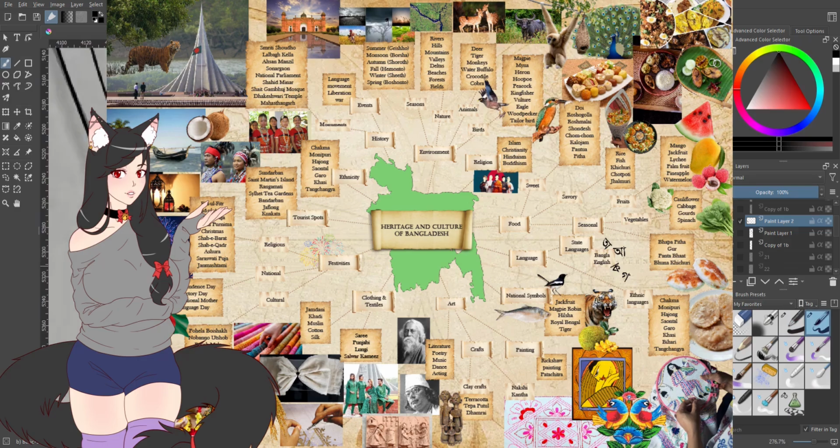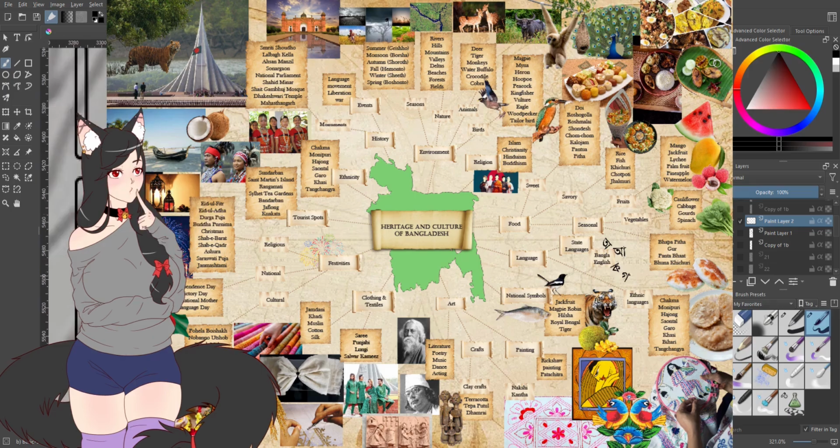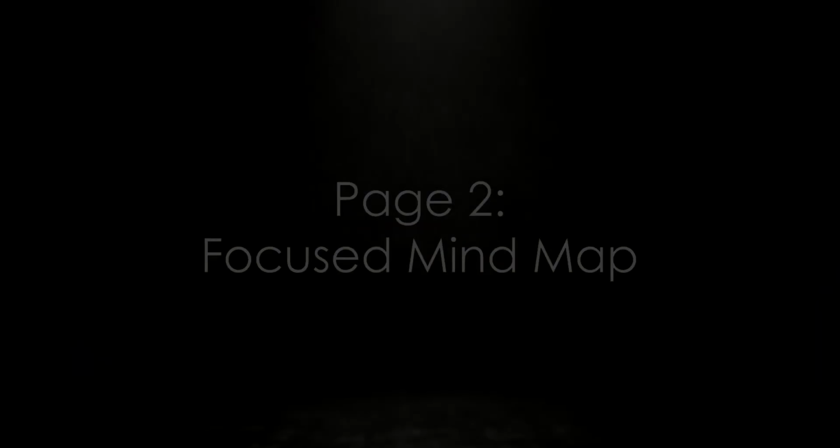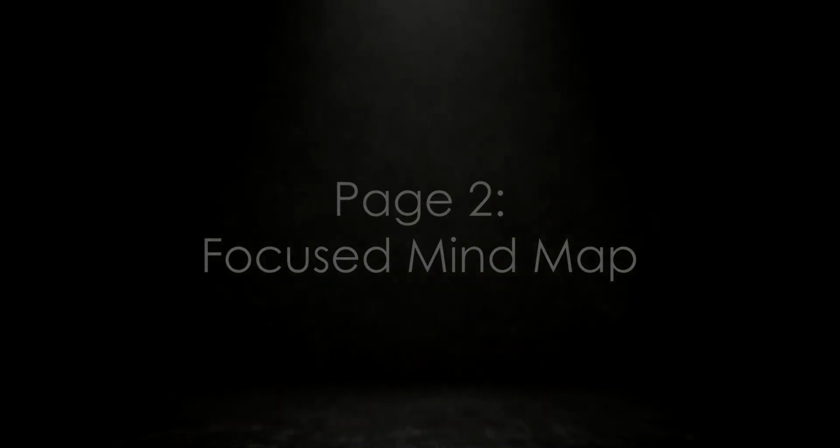So starting off with Bangladesh in the middle, we have what you think about a country whenever you first bring it into mind: history, environment, religion, food, languages, national symbols, art, clothing, festivities, tourist spots, ethnicities, and probably much more, but those are what I was going for to begin with. And as you can see, these branch out into many smaller sects, which branch out further into more exemplary or example-like depictions.